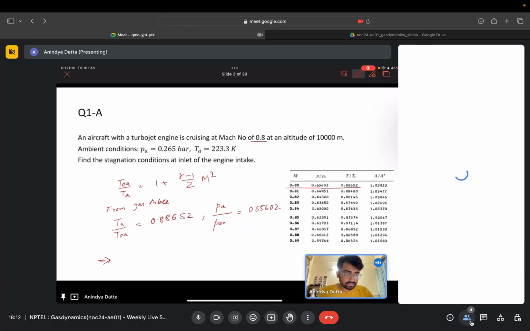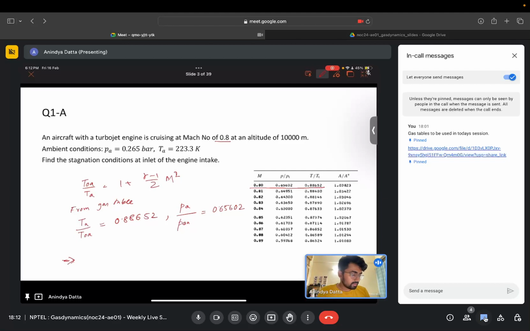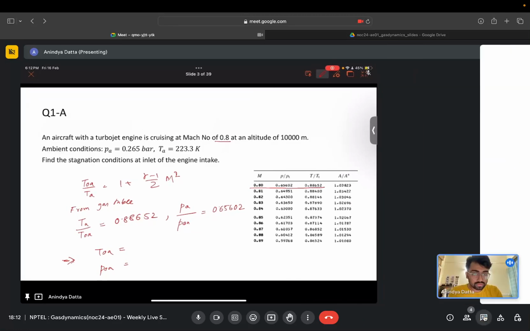Can anyone just compute and tell me the values of the stagnation temperature T0A and pressure P0A?